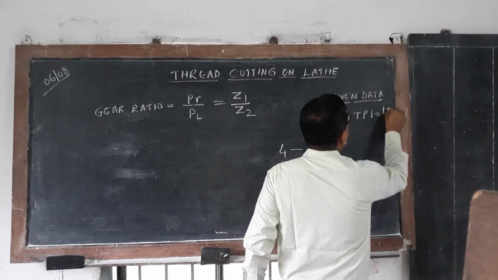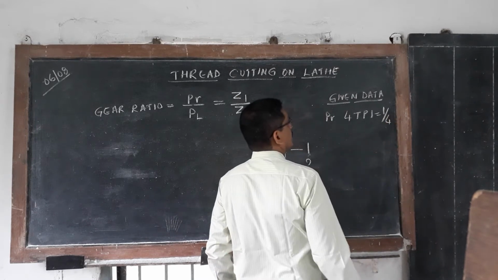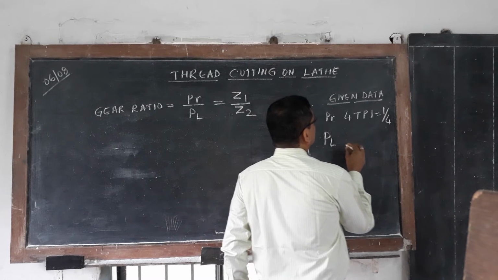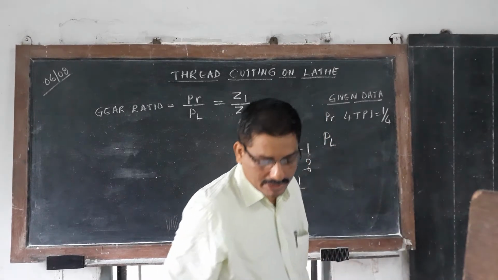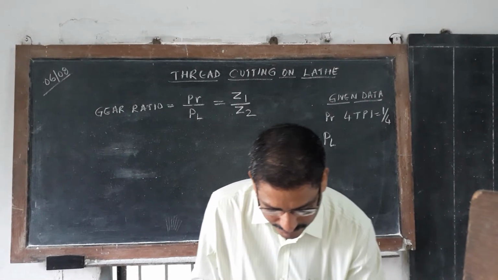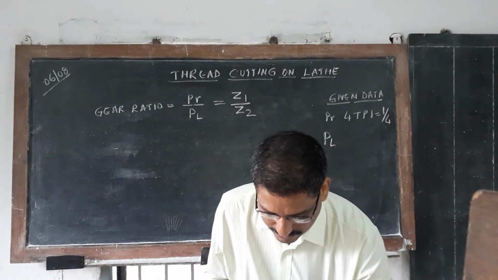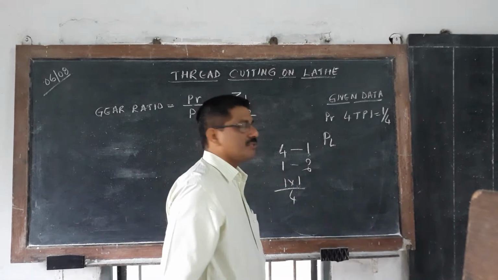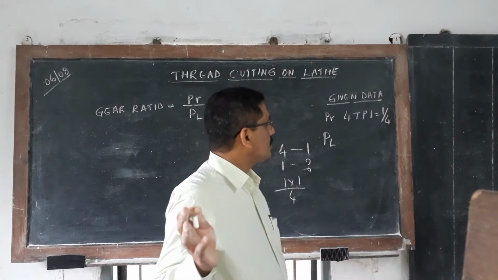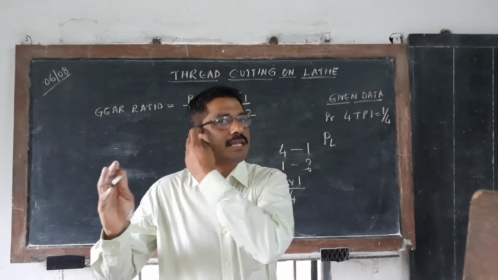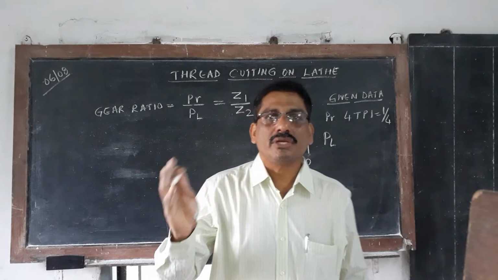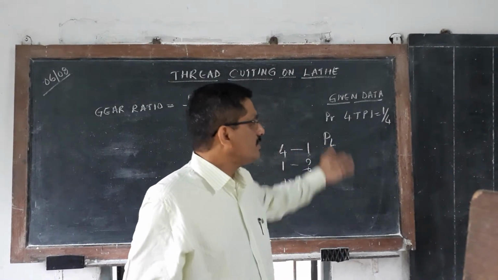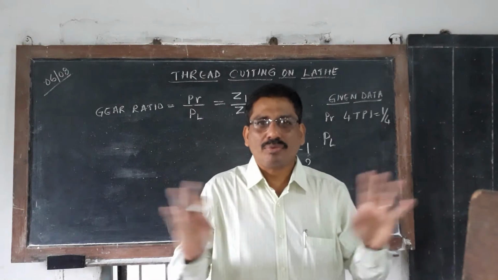Next, pitch of the lead screw. In the lathe, the pitch of the lead screw is usually 4 TPI. But you can calculate with both.